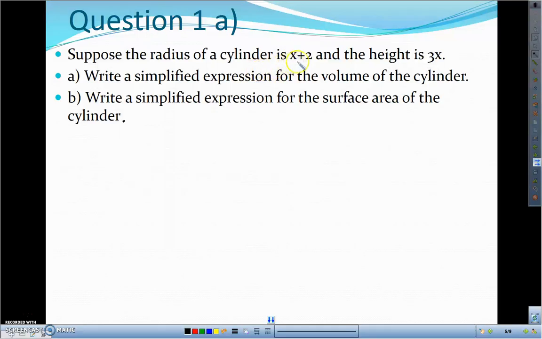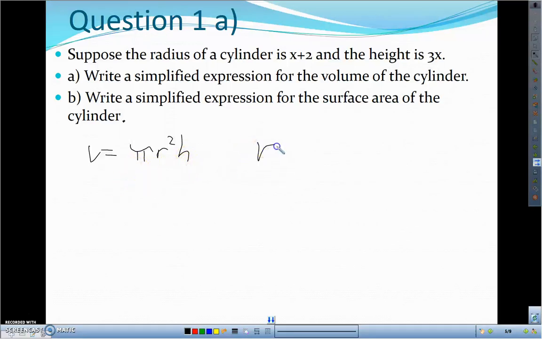Suppose the radius of a cylinder is x plus 2 and the height is 3x. Write a simplified expression for the volume of a cylinder. Well, the volume for a cylinder is equal to pi r squared h, where pi r squared is the area of that circle, and the height is just the height, so the volume will be represented by this.